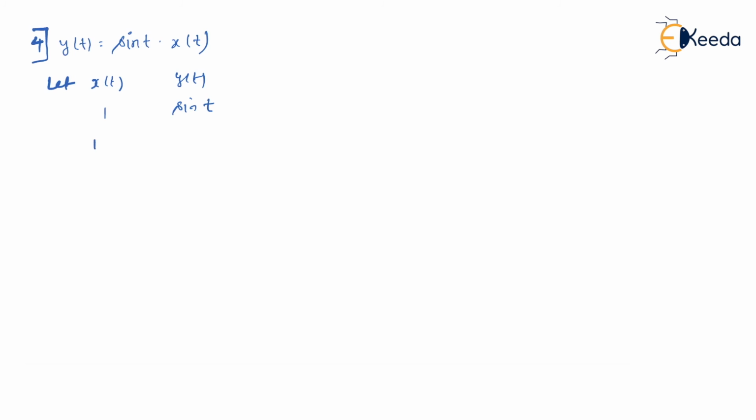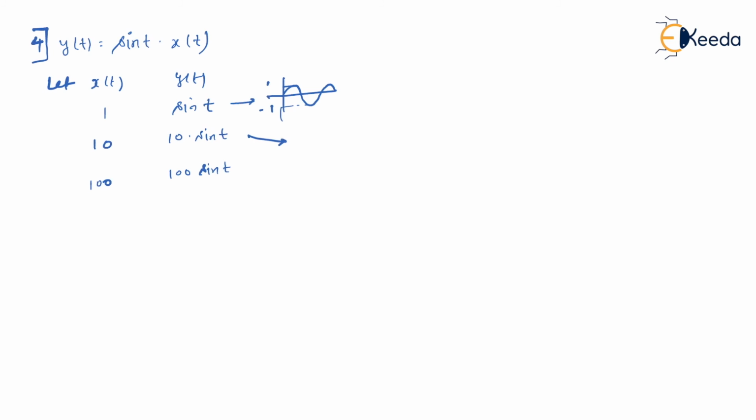If x of t is, let's say, 10, output will be 10 times sine of t. If, let's say, input is 100, output will be 100 sine of t. If it is sine of t, it would be this kind of signal where amplitude lies between +1 and -1.